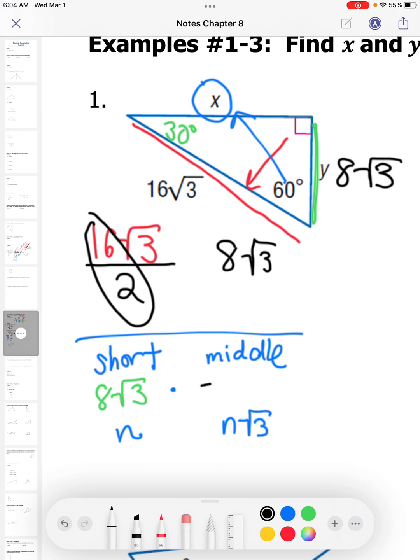So I'm going to times it by root 3. Now these two numbers are on the inside, so I'm going to multiply those together. So 8 root 9, the square root of 9 is 3. So 8 times 3 is 24.